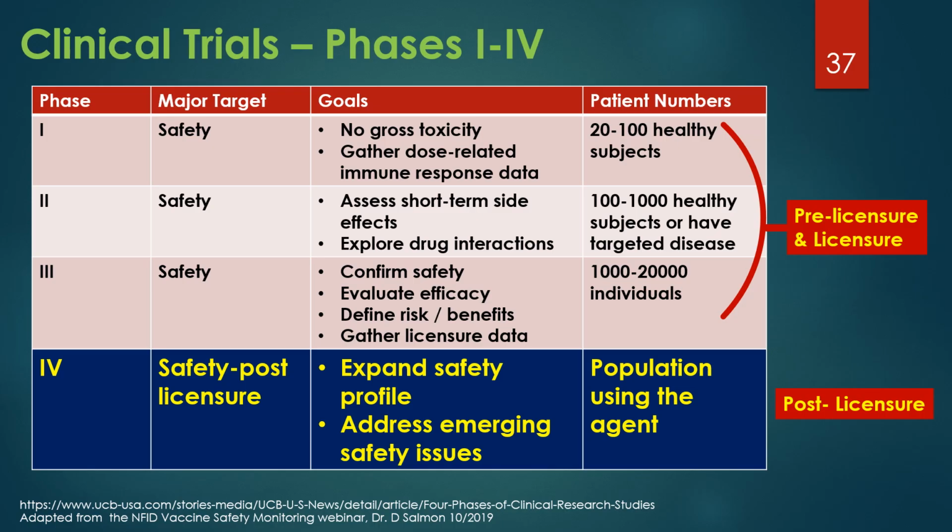This phase of studies also address any emerging safety issues that arise with drug or vaccine usage. As mentioned previously, Phase 4 studies relate to post-licensure safety monitoring, where Phase 1 to 3 studies address the pre-licensure and licensure safety monitoring process.